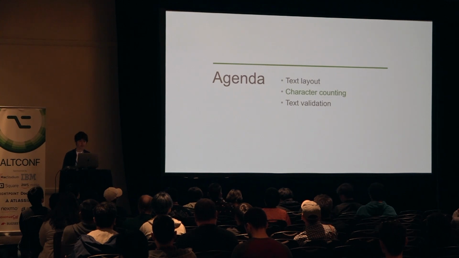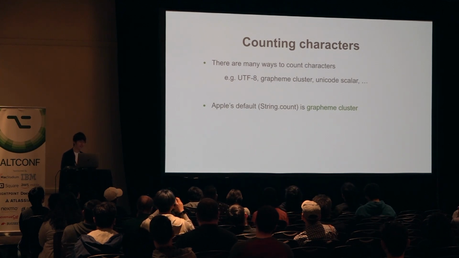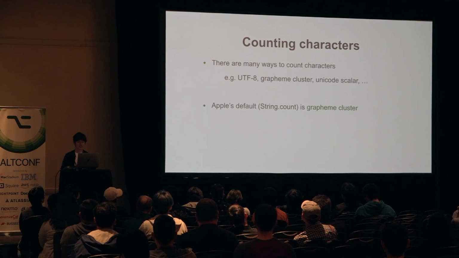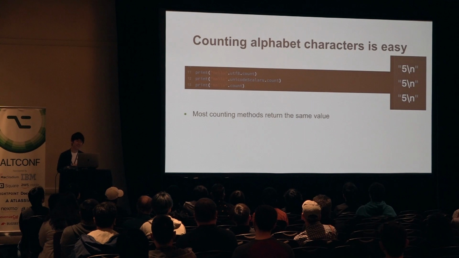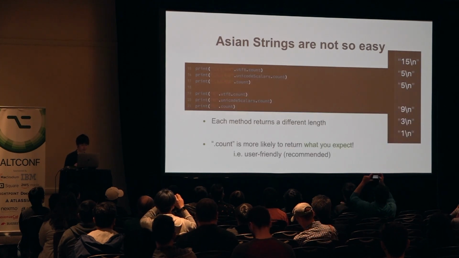Next topic is about character counting. There are many ways to count characters: UTF-8, grapheme cluster, Unicode scalar, and so on. Apple's default is grapheme cluster counting. As you know, counting alphabets is very easy. Most counting methods will return the same value.